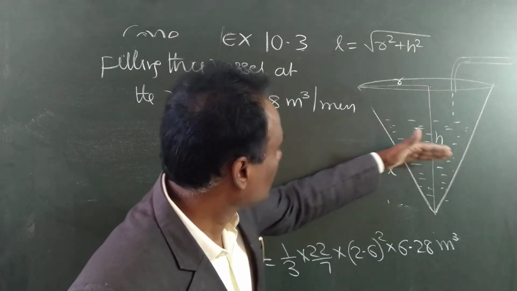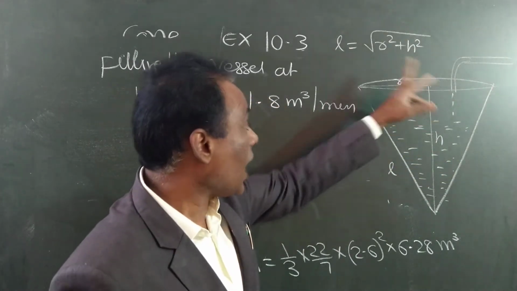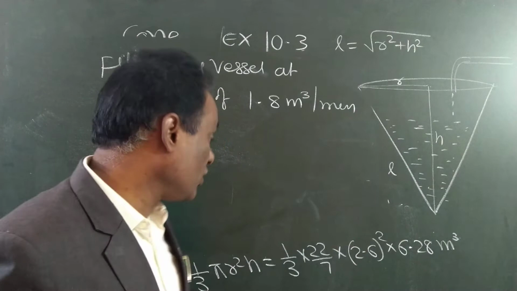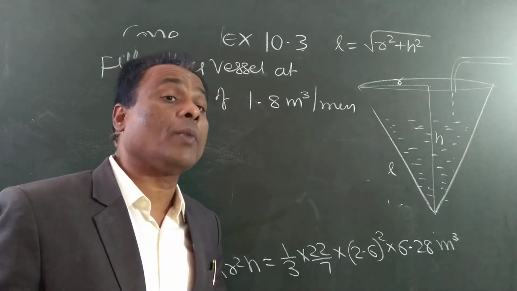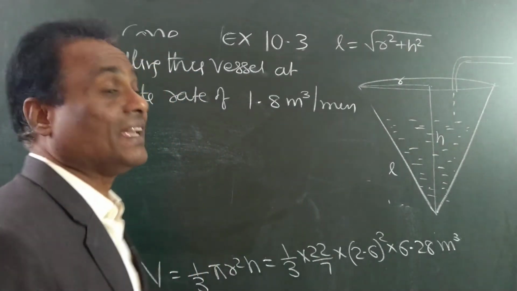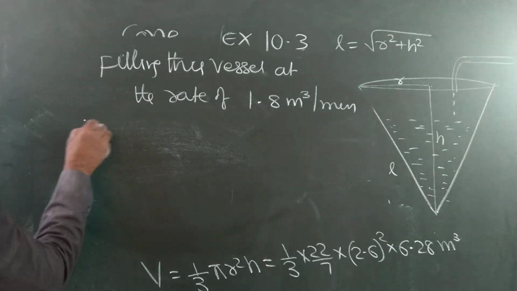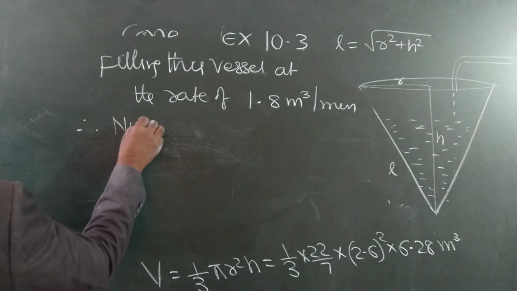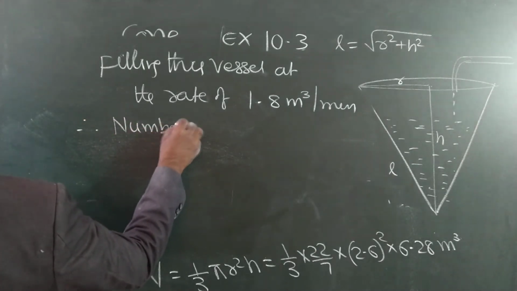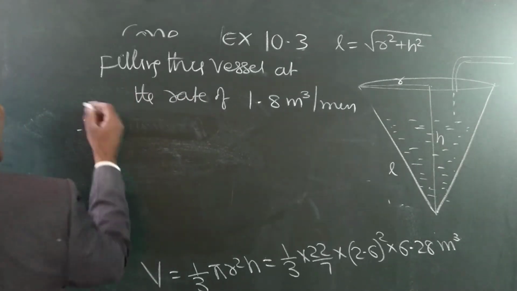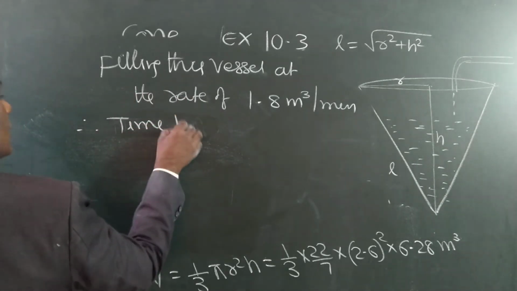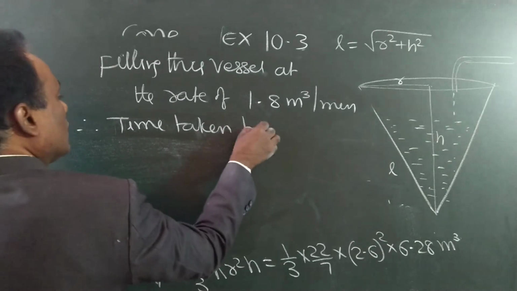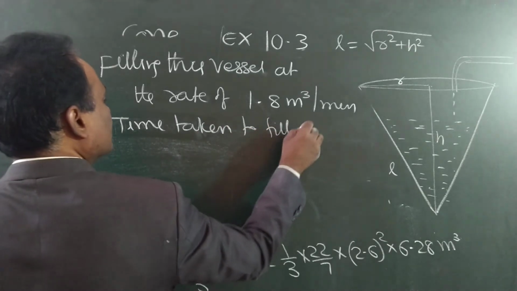For 2 minutes, into 2, like that. How much water do we have to keep in this vessel? So how many minutes will it take? Therefore, the number of minutes or time taken to fill this vessel.